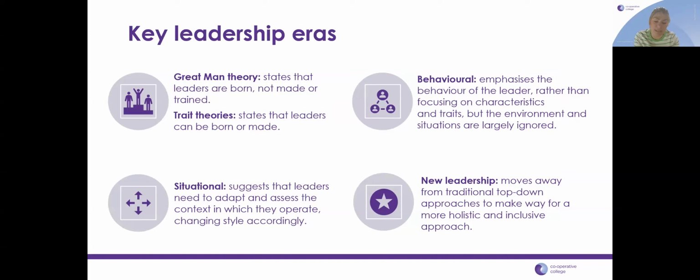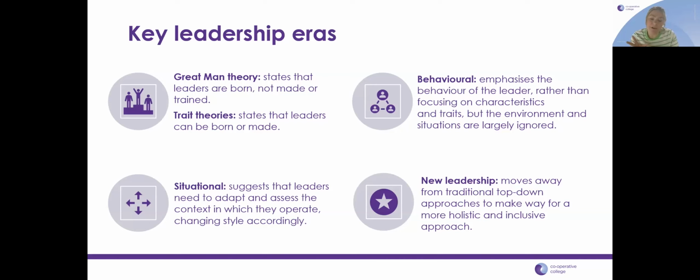Then moving on to the next theory, which is the behavioural theory, which came quite a few years later. The idea behind the behavioural theory is that it evolved from trait theories, but it also champions that leaders are made and not born. So it's quite the opposite, really. It states that certain behaviours that a leader has can be learned through training and development, for example.